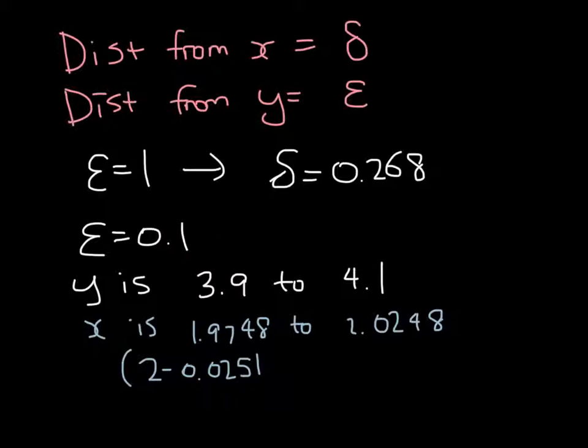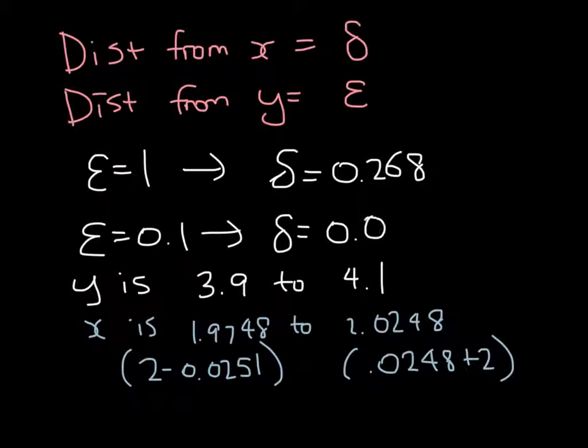And our second number is a distance of 0.0248 from 2. So since this distance is bigger, we're going to use that as our delta. So we find that if epsilon equals 0.1, then our delta must be 0.0251 in order for our y to be in the range that we want it to be.